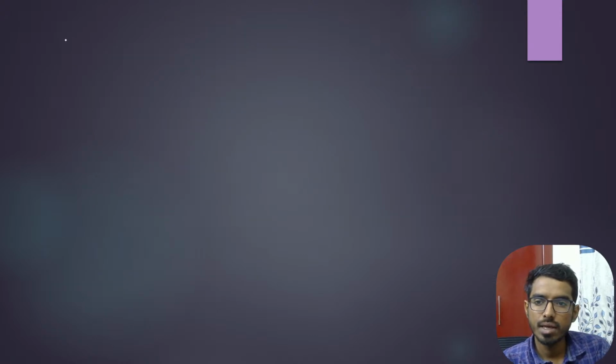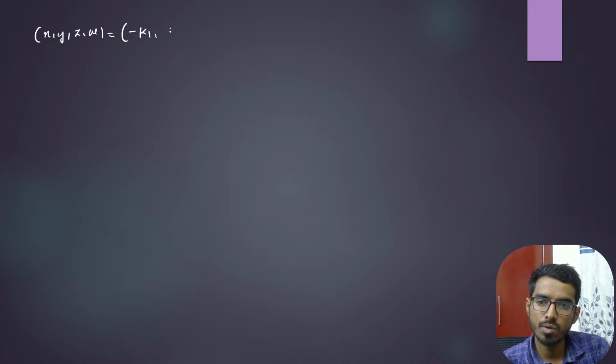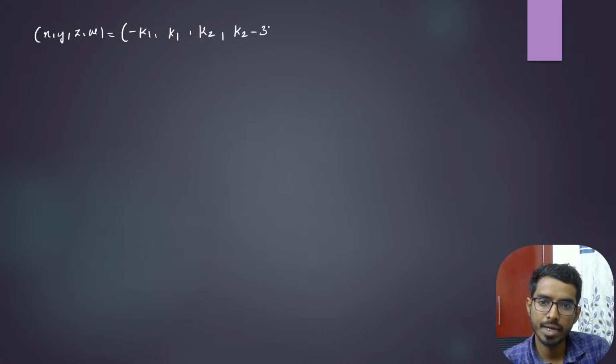Therefore, you can see our solution for W2 is (minus k1, k1, k2, k2 minus 3k1). If I take k1 outside, we will have (minus 1, 1, 0, minus 3).